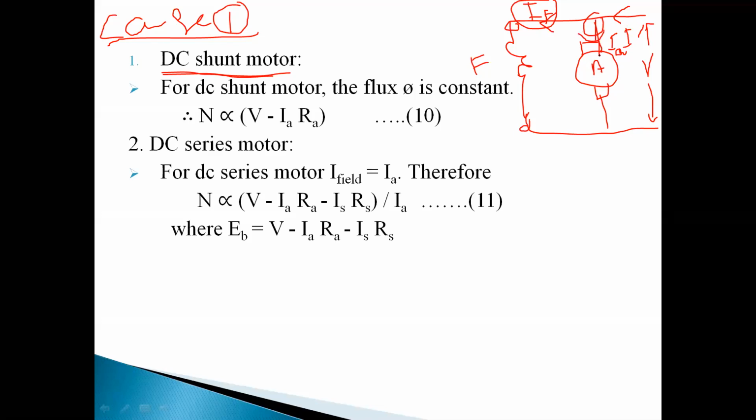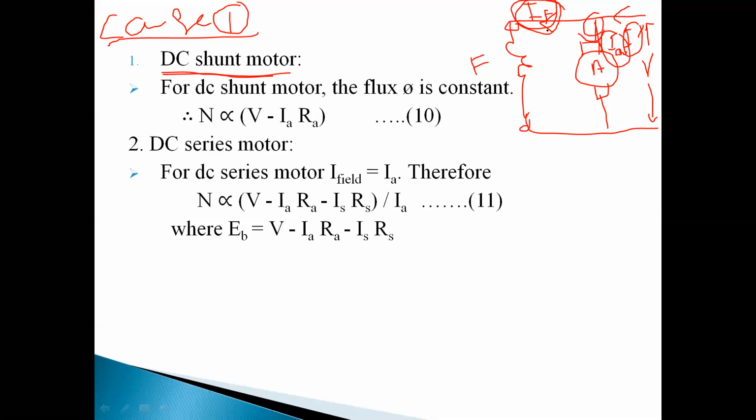That means the armature current varies, and therefore the load current varies. I_a depends upon I. The field current always remains constant in a shunt motor; it does not depend upon load.